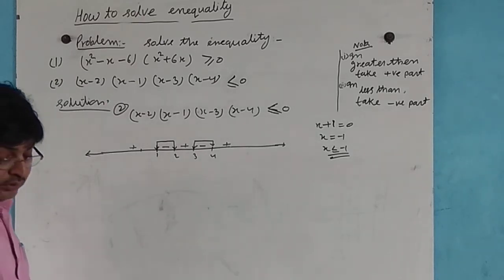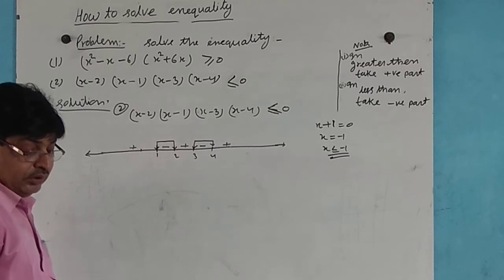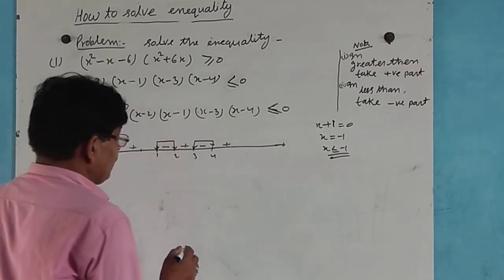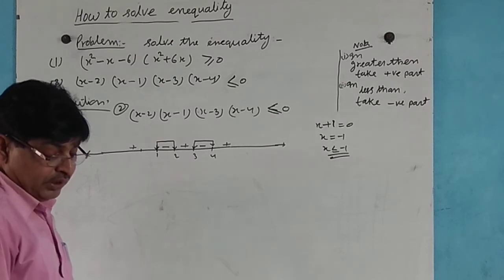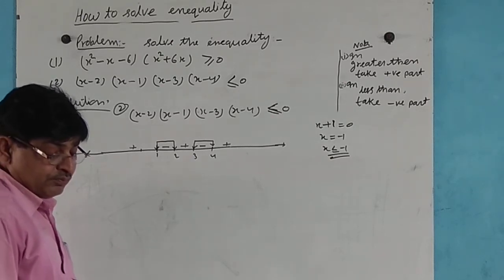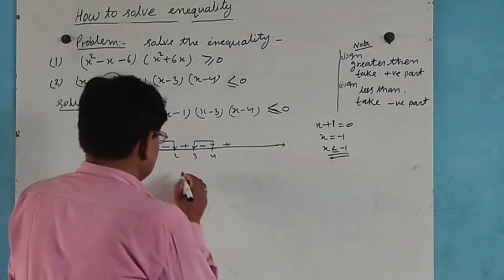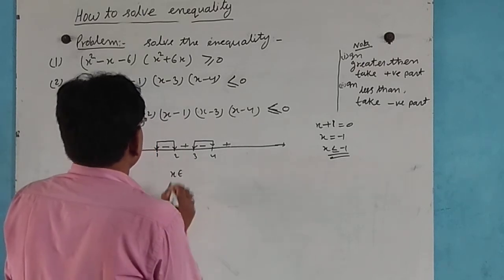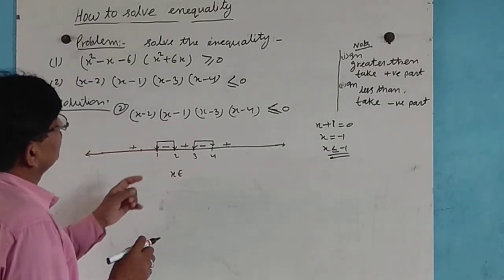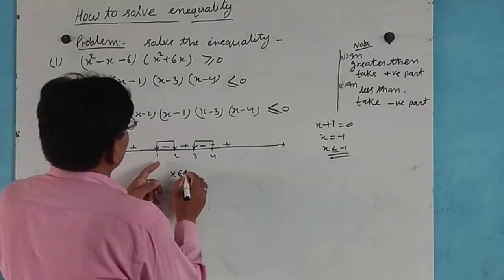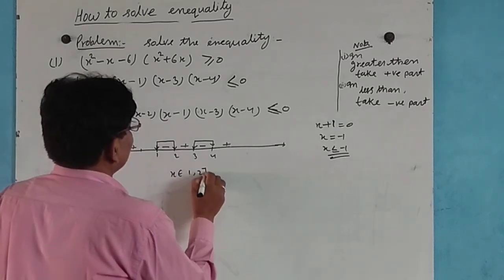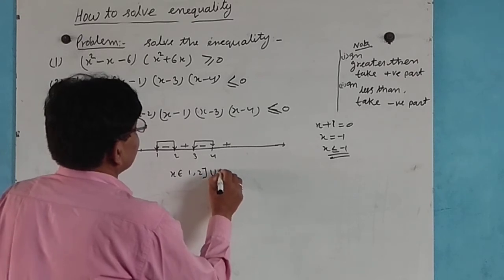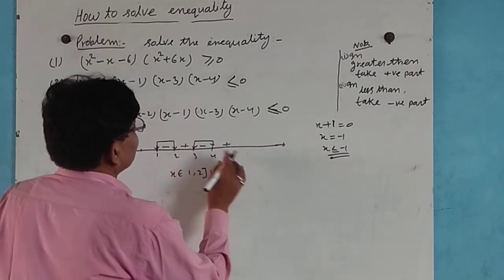It means that x belongs to 1 to 2, union 3 to 4.